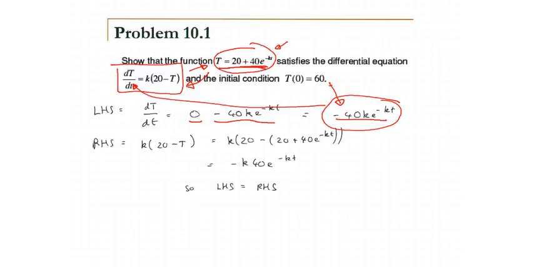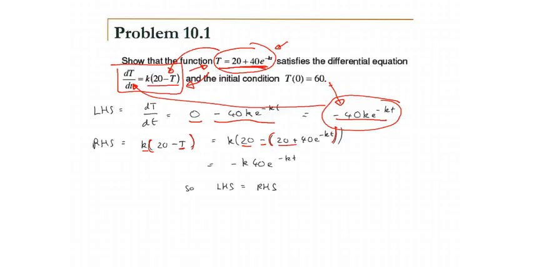Then I can start comparing my equations. Now I look at the right hand side and put this equation into it. On the right hand side we've got the k, we open the brackets, put 20 minus T in there, and substitute T with this bit here. That gives me 20 minus, open the bracket, 20 plus 40 exponential minus kt.